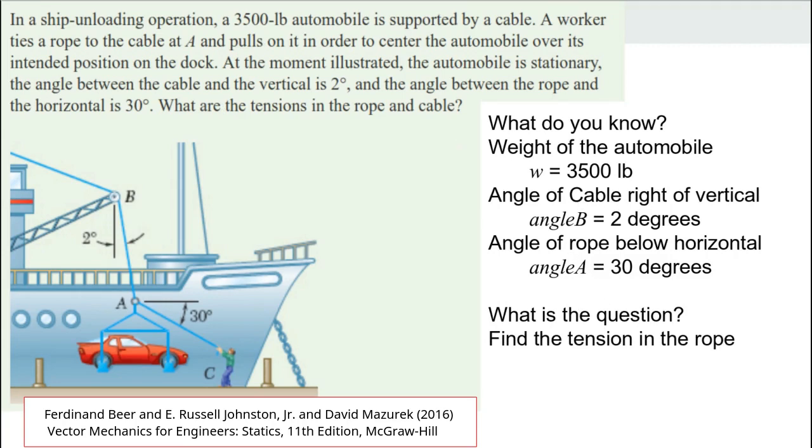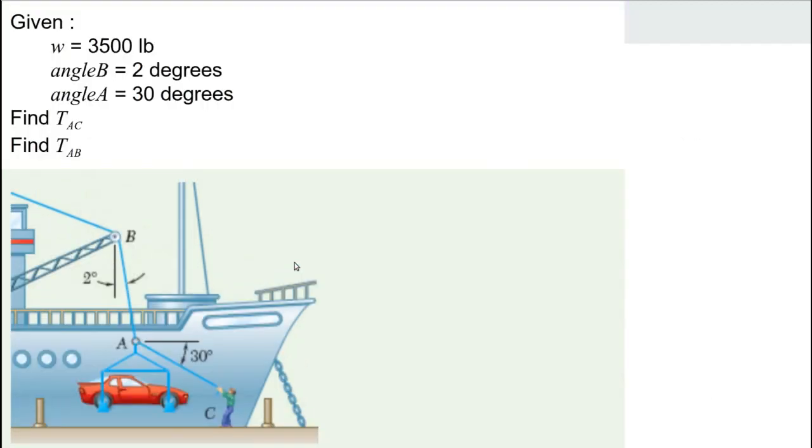So find the tension in the rope, and we'll name that TAC because it's tension in the rope and it's going from A to C. Likewise, we want to find the tension in the cable, and we'll name that similarly TAB because it's the tension going from A to B. So summarizing our given information and what we need to find, TAC and TAB.